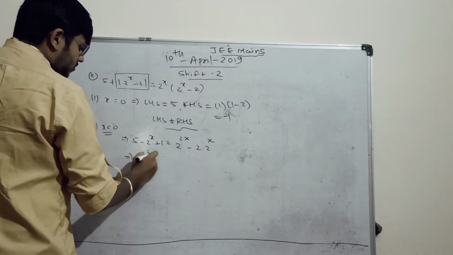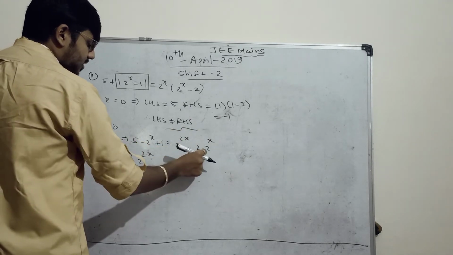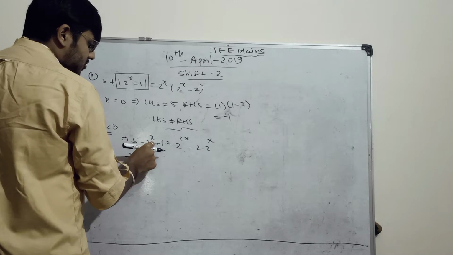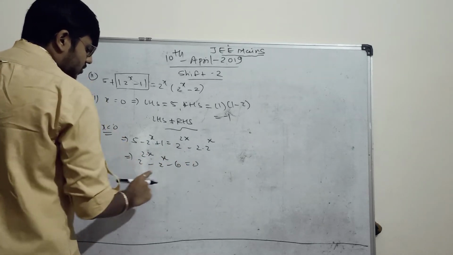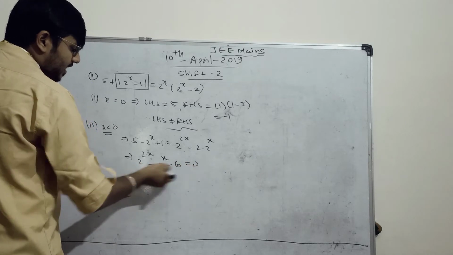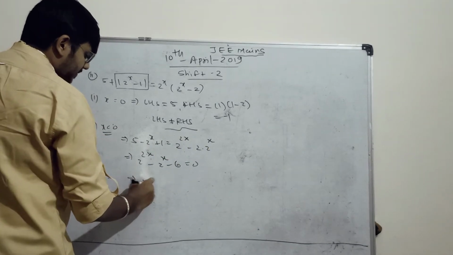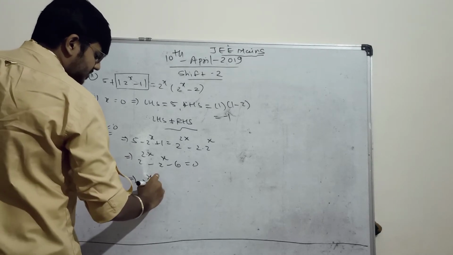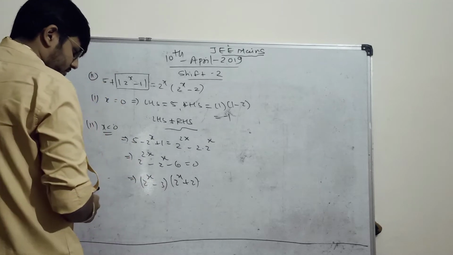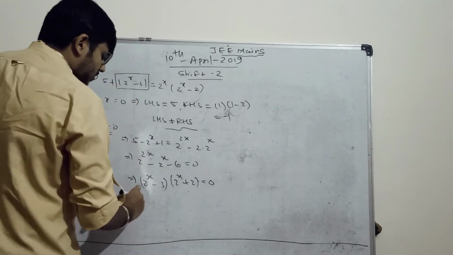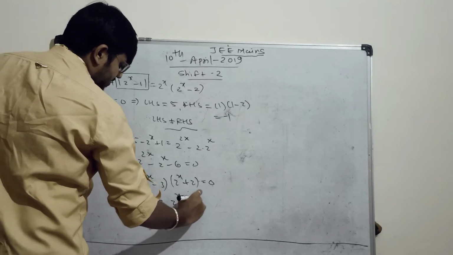So 2 raised to 2x, if we take this on the opposite side, then it will be 2 raised to 2x plus 2 raised to x, that is minus 2 raised to x, and minus 6 equals 0. So this can be a quadratic equation in form of 2 raised to x. So its factors will be 2 raised to x minus 3 and 2 raised to x plus 2 equals 0.